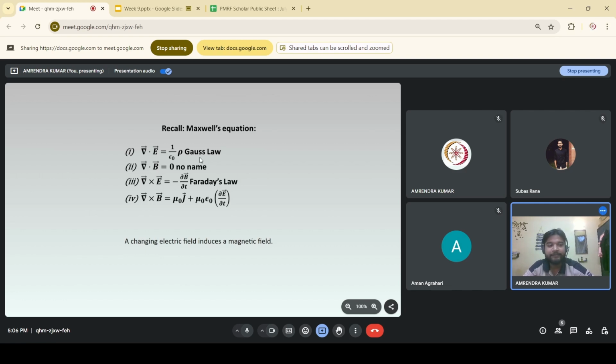What happens essentially is that the changing magnetic flux, not the field, generates voltage. Flux is the field multiplied by the area.